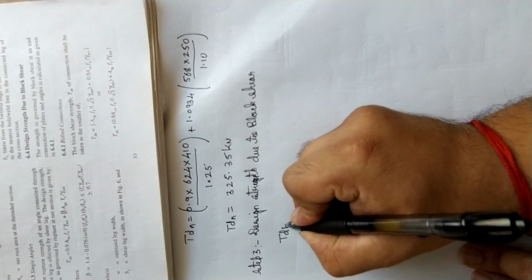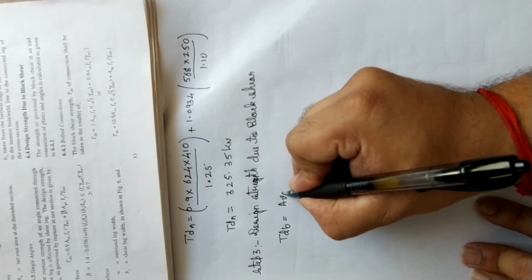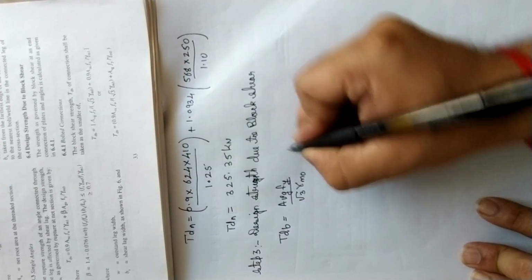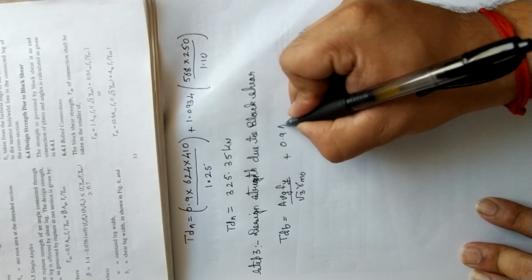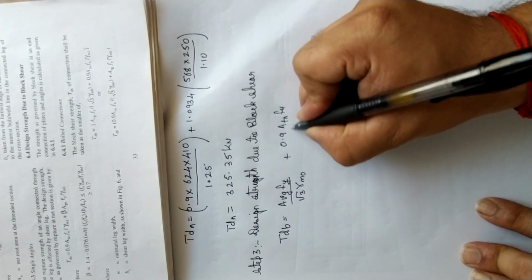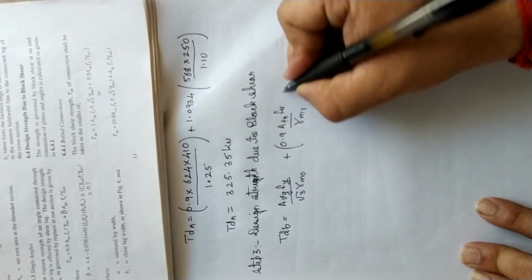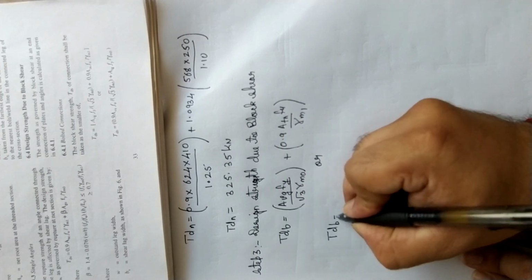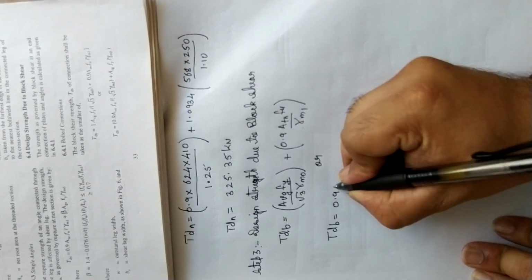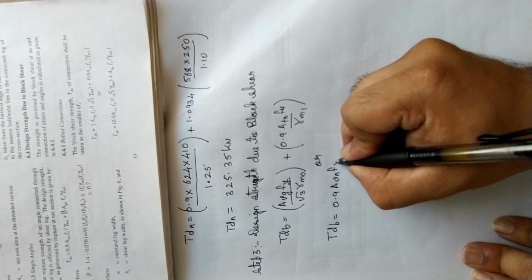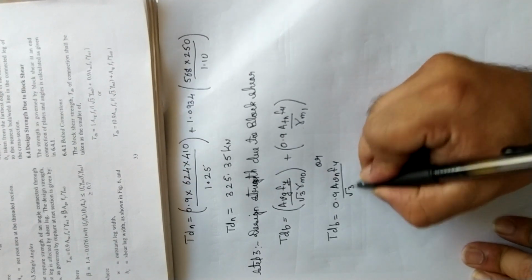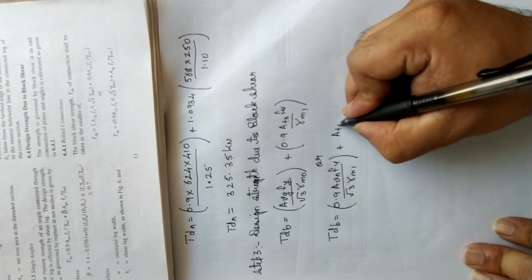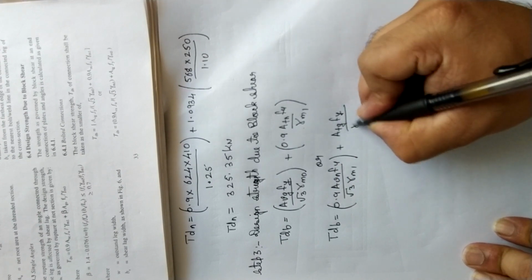TDB is equal to AVG Fy divided by root 3 gamma m naught plus 0.9 ATN Fu divided by gamma m1. So this is one of the formulas, or TDB is equal to 0.9 AVN Fu divided by root 3 gamma m1 plus ATG Fy divided by gamma m naught.